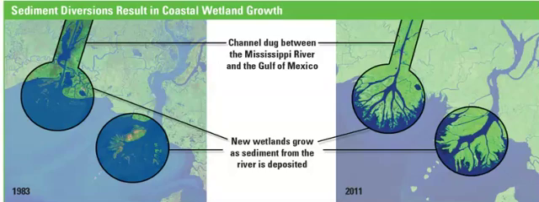Levees prevent the natural flow of water and sediment that build blank, number 13. Opening up a hole in a levee to divert river water would restore wetlands, but could also lead to dangerous flooding of surrounding communities.